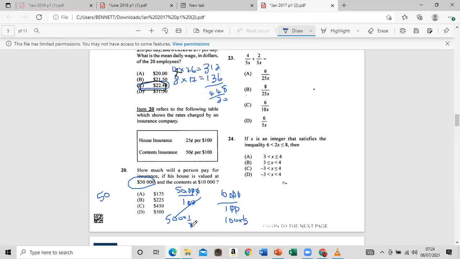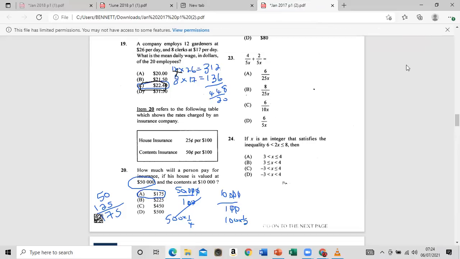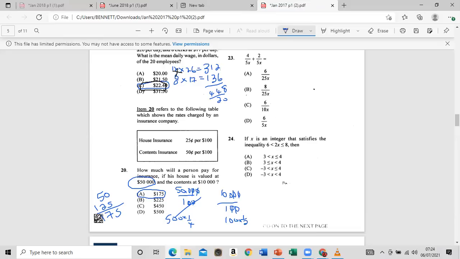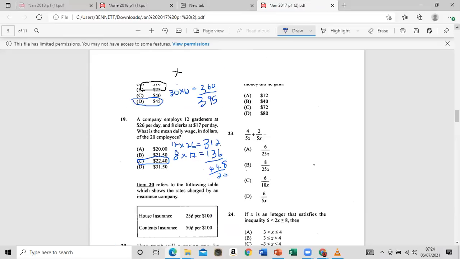And this works out to 125. So this is 175. Remember in the exam, you want to use the easiest, quickest, safest method.